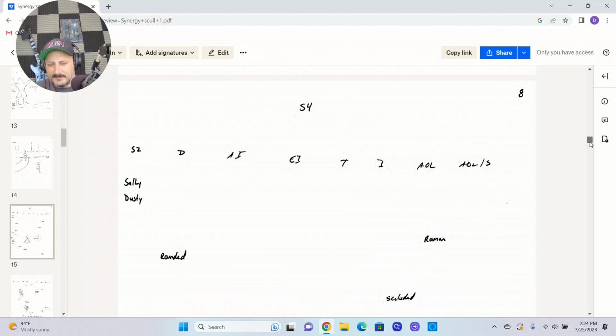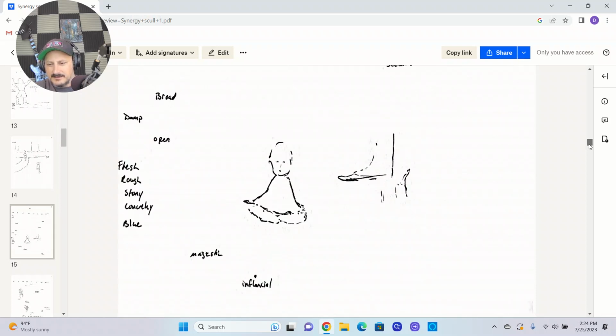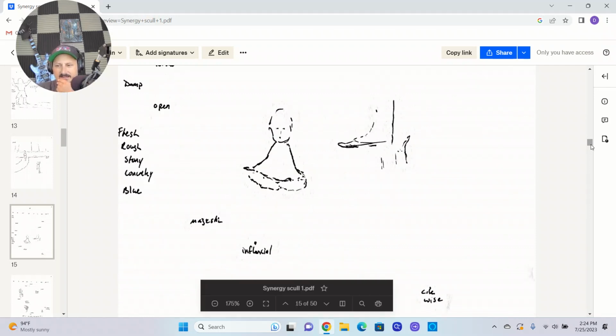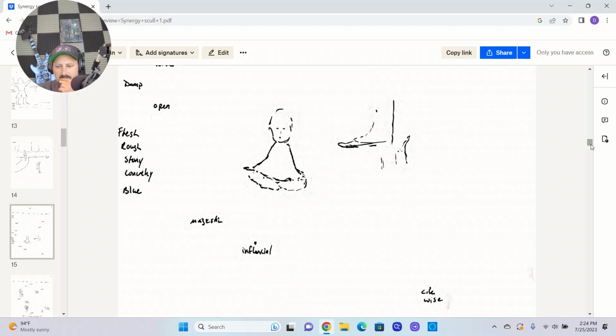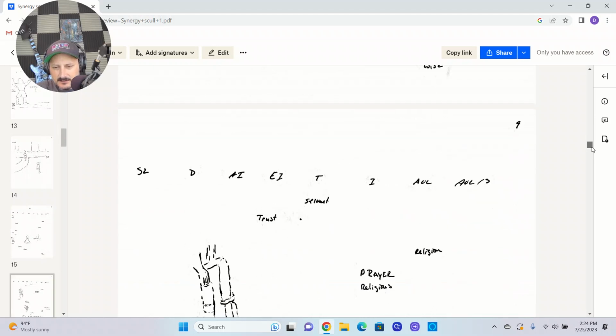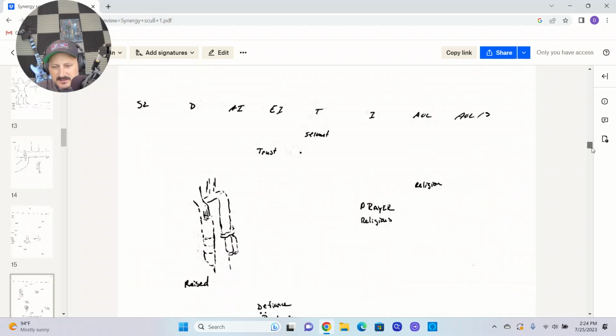So again, I got this person meditating. The word majestic came in a lot. Something felt majestic about this, like wise. Sense of prayer, religious.